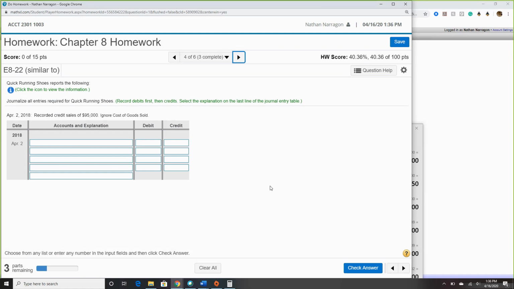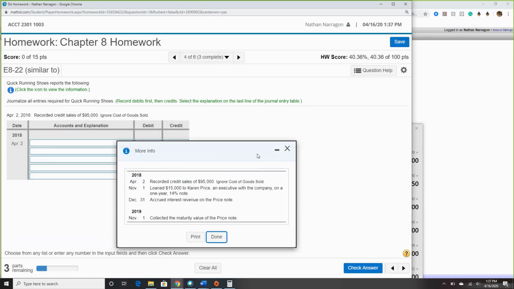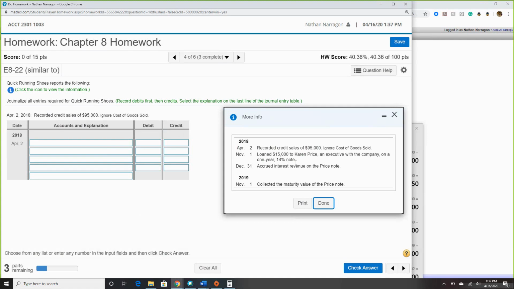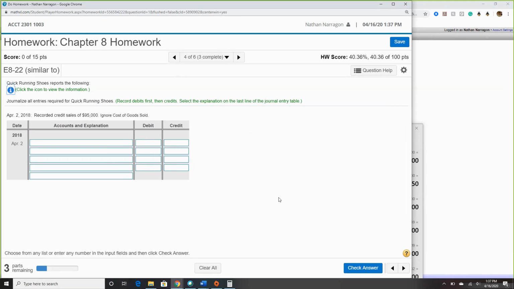Again, we're going to record credit sales, ignoring the cost of goods. Now, we only have this information. Now, we have a note going on. Is there a note? Okay. Close that back up.